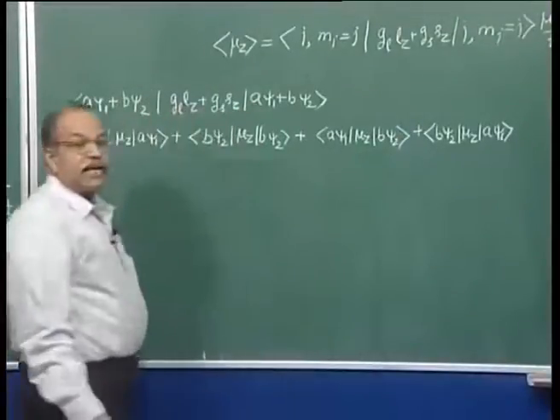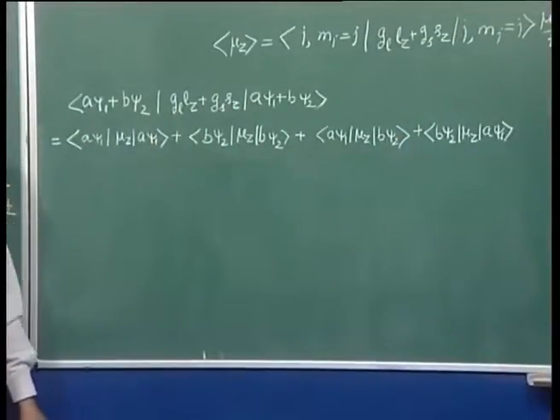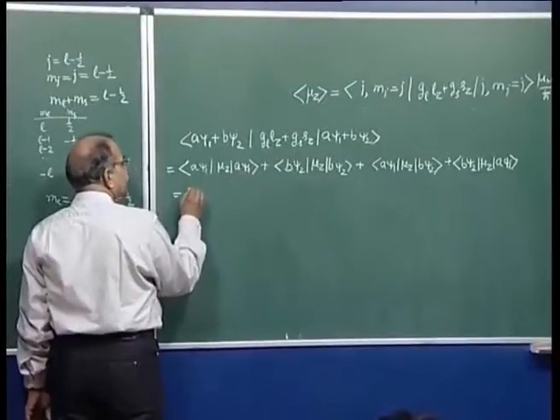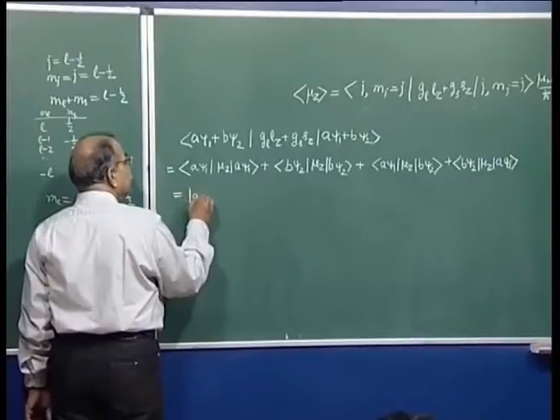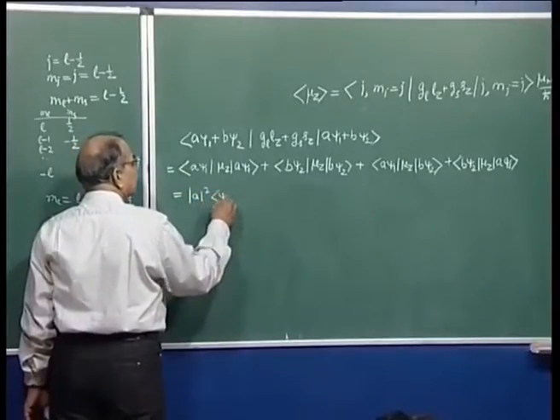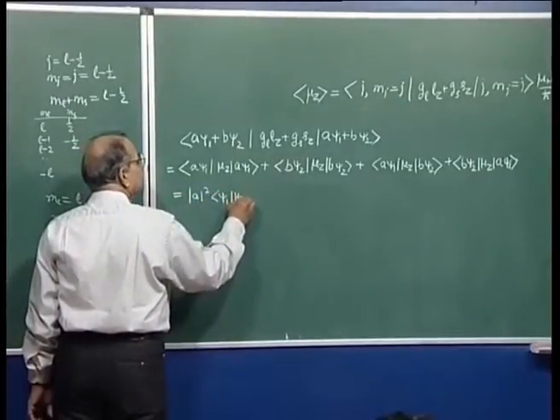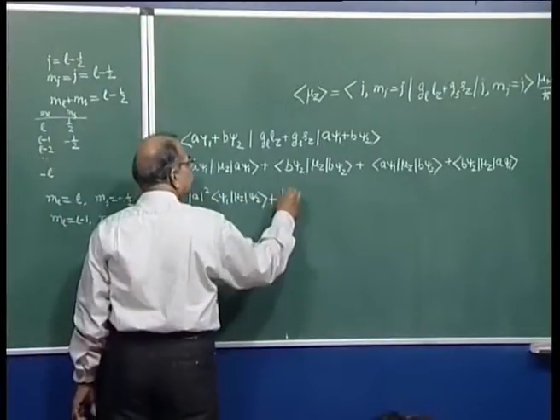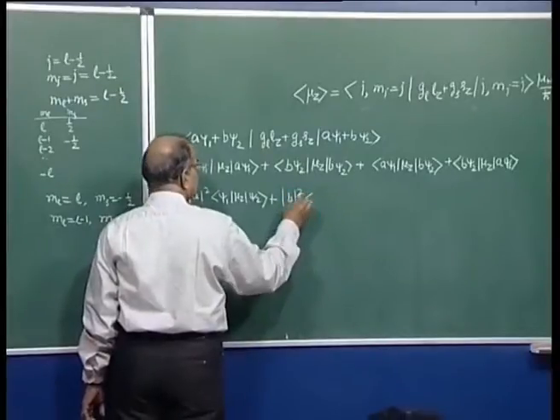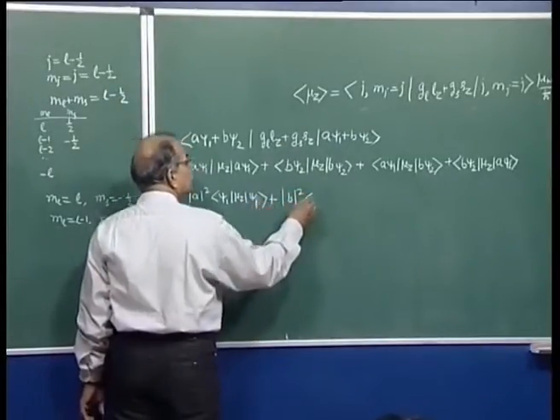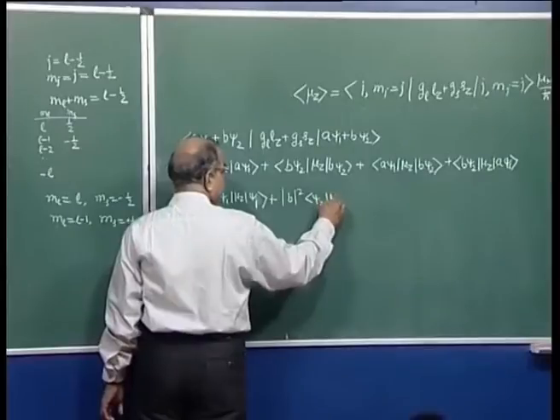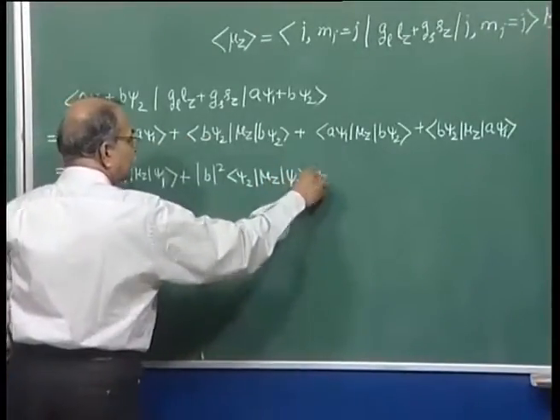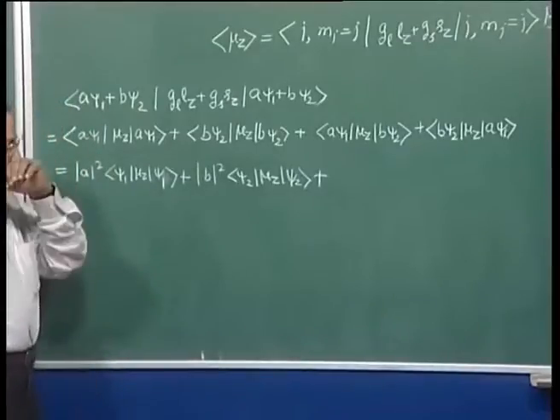All right, open the bracket, 4 terms. Now, this will be a star coming from here, a coming from here, it will be mod a square psi 1 mu z psi 1, and similarly mod b square psi 2 mu z psi 2, and these cross terms are going to become 0.